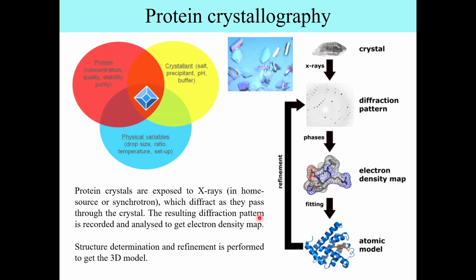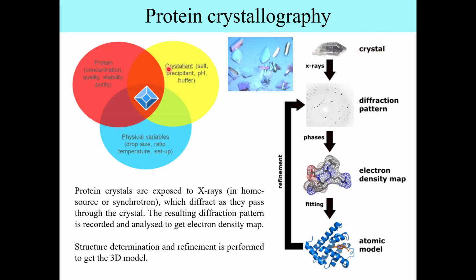So protein crystallography actually fixes the different atoms and the different entities of the protein into a very defined arrangement, and then a crystal is prepared. So how do you make a crystal?